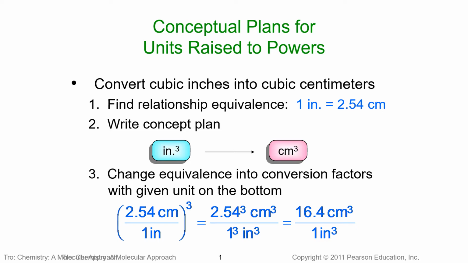Now what I tend to do so that I don't make a mistake is write the conversion factor 3 times in our dimensional analysis. That way I make sure that everything cancels and I don't make a mistake. I'll show you what I mean in the next example.